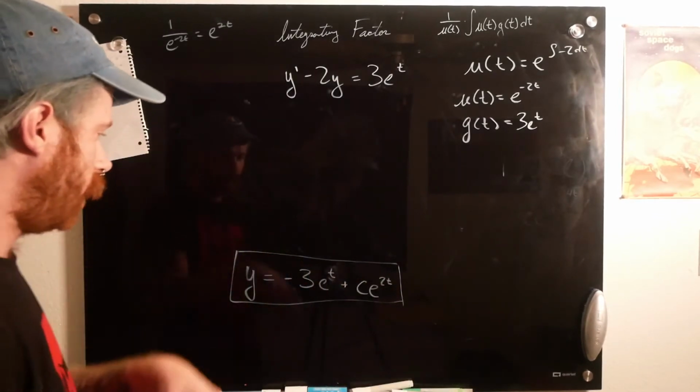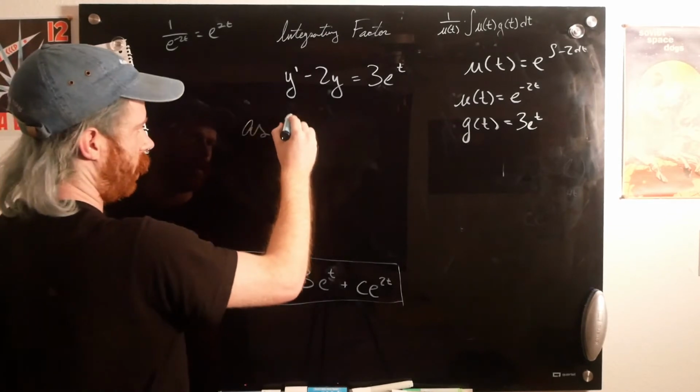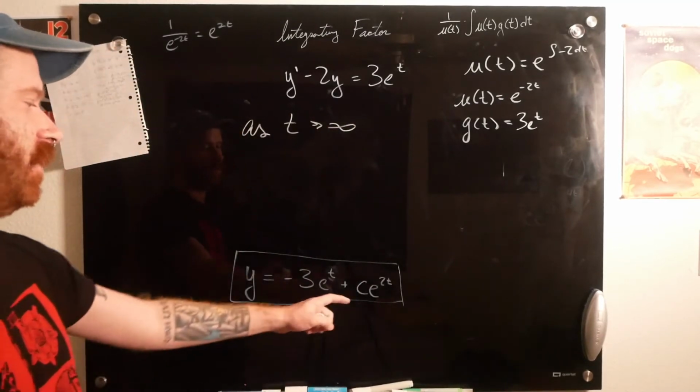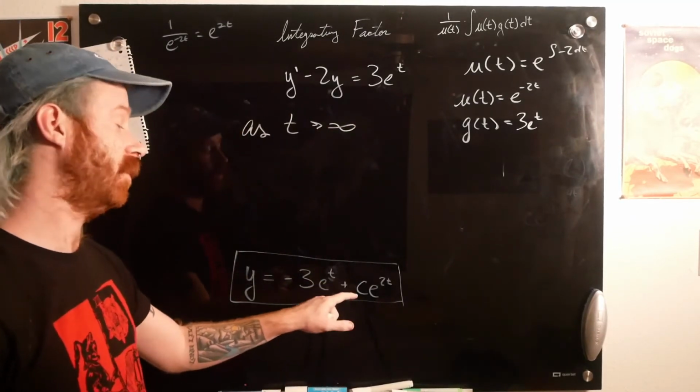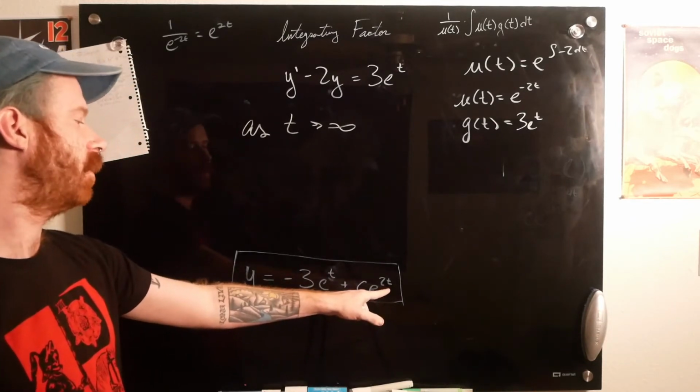Okay, so what's going to happen when t approaches infinity? Well, in this case, it's going to depend on c, because c has the higher power of t, right?